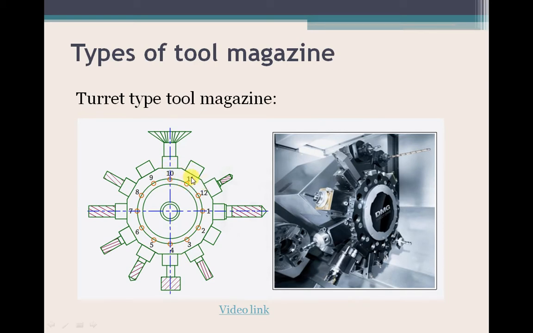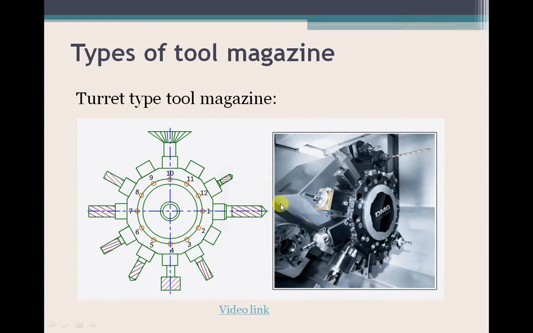So it can be a hexagonal turret, it can be an octagonal turret, and so forth. The number of tools required is going to be decided by the size of the turret. If you want to mount more and more tools, the size of this turret will go on increasing. The maximum number of tools that a turret can have is 12.